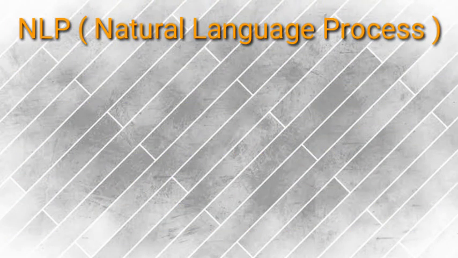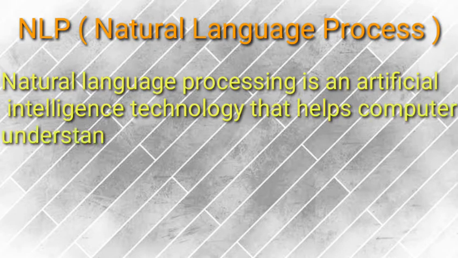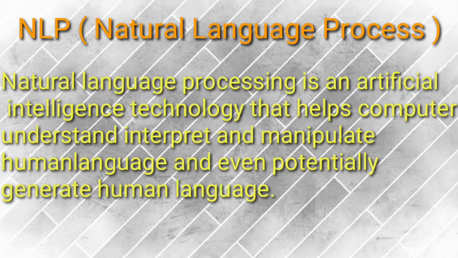Now let us look into one more important term, which is NLP, natural language processing. Basically, it is the artificial intelligence technology which helps the computer to understand, interpret and manipulate human language, and even potentially generate human language.